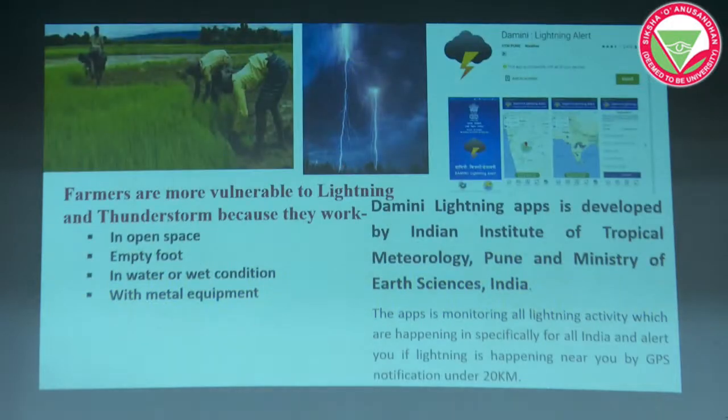As mentioned by Mohanty Sir, the Damini project is doing 20-kilometer resolution, but again, for the climate change issue, there will be a lot of problems in the weather sectors also. So more accuracy and more resolution will be needed.